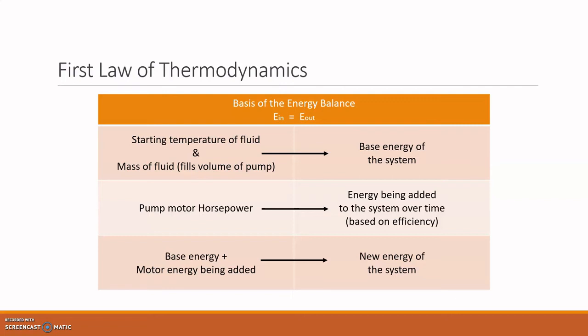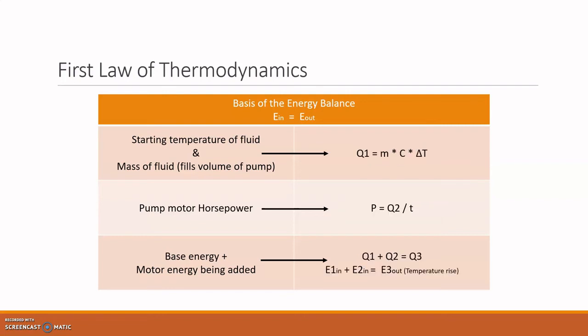Some of it's given off as heat directly off the motor, while some of it is, again, transferred to the fluid. And then the base energy plus the motor energy being added is equal to the new energy of the system, where the starting energy of the fluid can be found using just Q equals MC delta T, and the pump motor horsepower, or power, is equal to the energy divided by time.